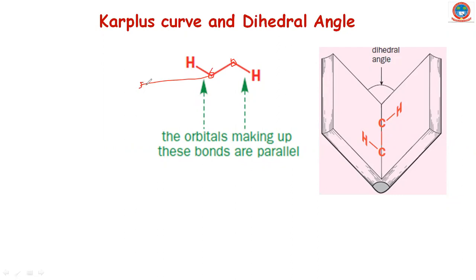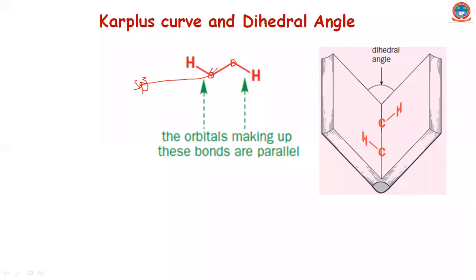And this carbon is also an sp3 carbon. This bond is formed by sp3-s overlapping, and this bond is also formed by sp3-s overlapping. Due to this overlapping of orbitals, these two bonds are parallel like this.